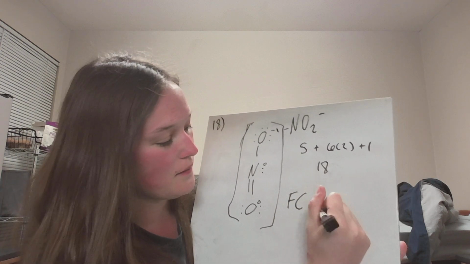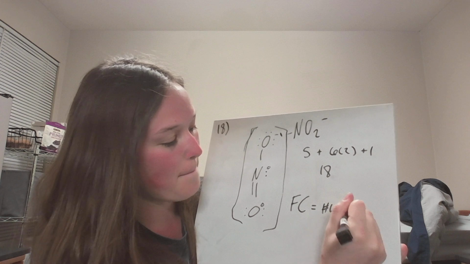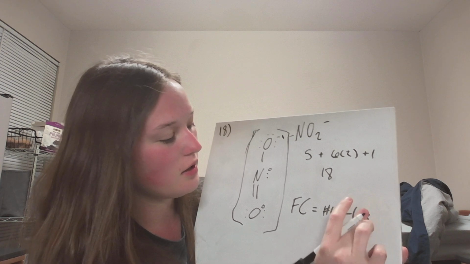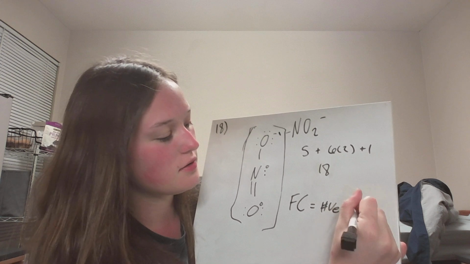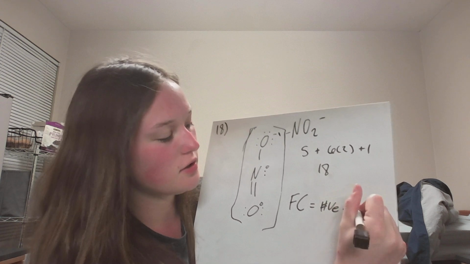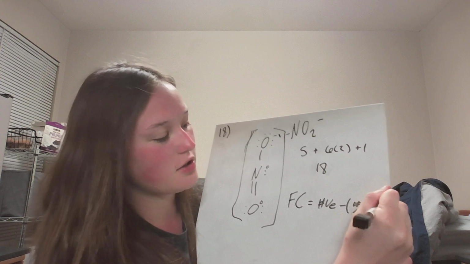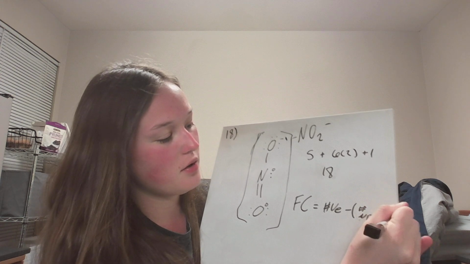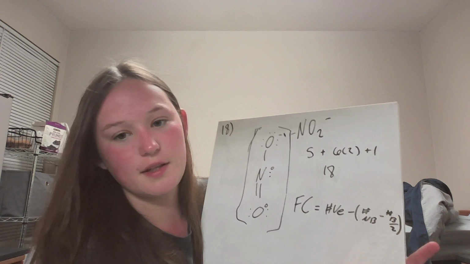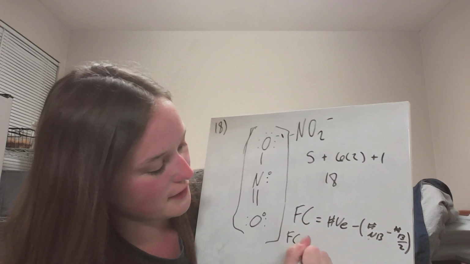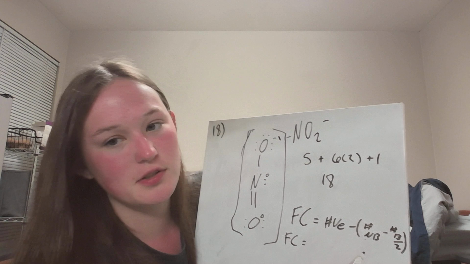FC equals number of valence electrons minus non-bonding electrons, the number of electrons not in a bond, minus number of electrons in a bond over 2. It's kind of messy, but it's in your notes, so you got this, guys. If you can't read this, just look in your notes.